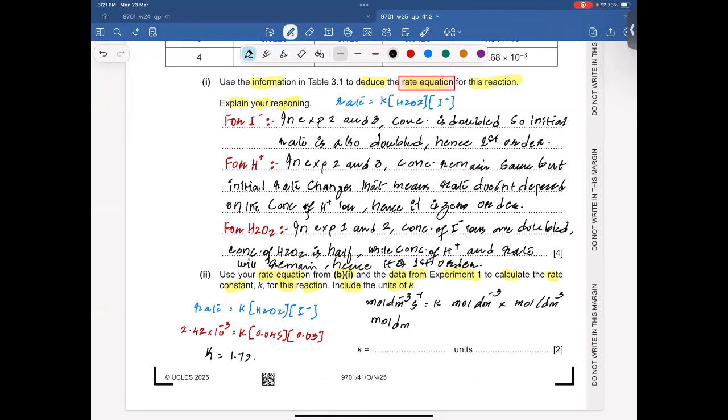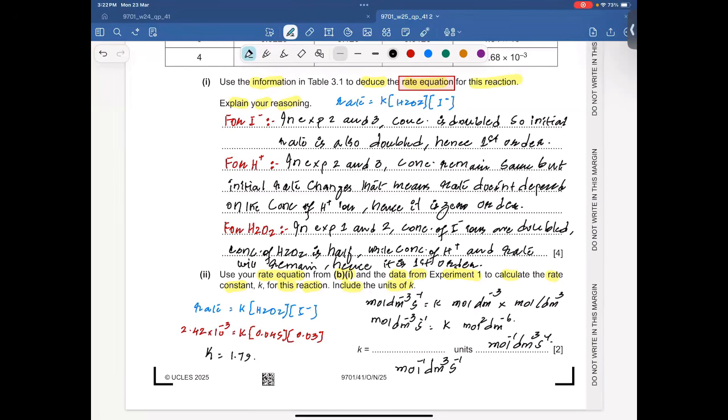So it's mole per dm cube second inverse equals K. When multiplying, powers add, so I need to add the powers. So the unit is going to be mole inverse 1 dm cube second inverse.